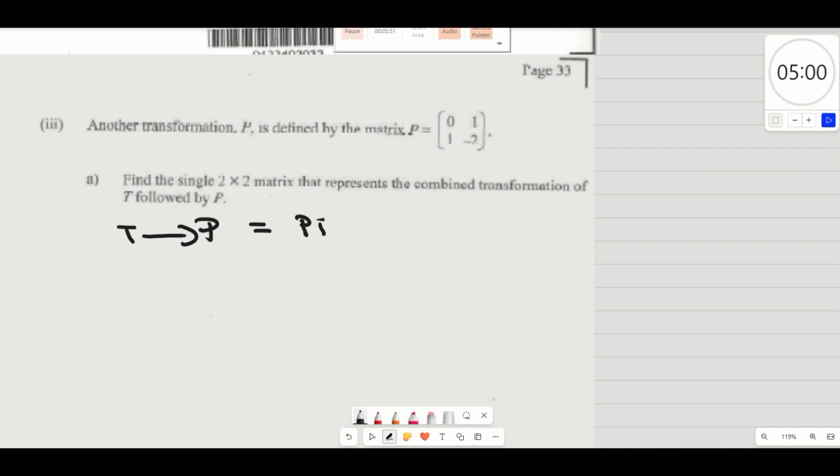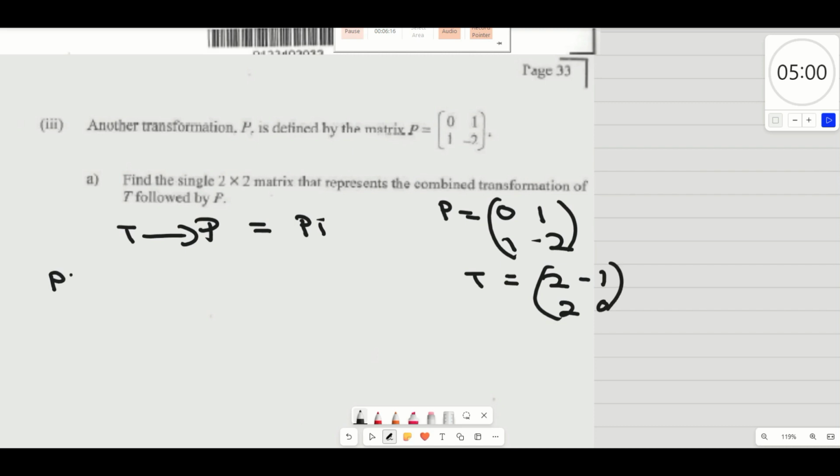So we know that P is equal to 0, 1, 1, minus 2. And we know that T is equal to 2, minus 1, 2, 0. So it's simply going to multiply this.